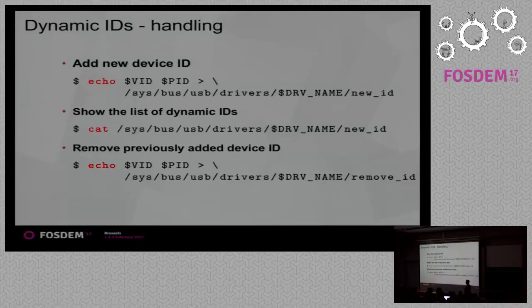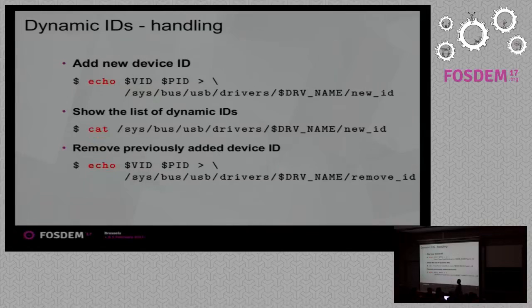Okay, how do we add a new device identity to the driver? You simply go to the directory of the driver, sys/bus/usb/drivers/driver name, and write to the file called new_id. You can check the list of dynamic IDs, but only dynamic IDs.